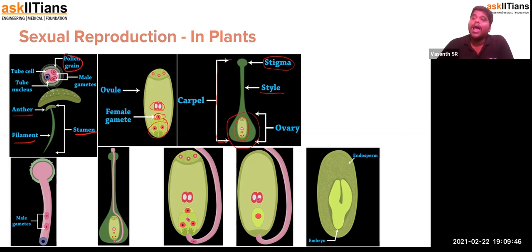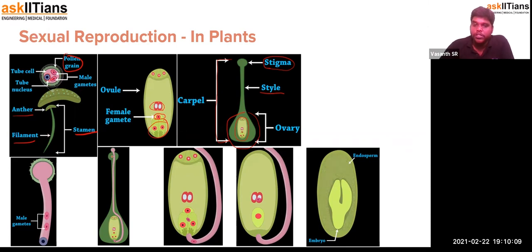Okay. Now, what happens? What happens is pollination. We'll study pollination in the upcoming slides, with different types and everything, but I'll tell you what pollination is in brief. The movement of the pollen grain from the anther and its deposition on the stigma is called pollination.